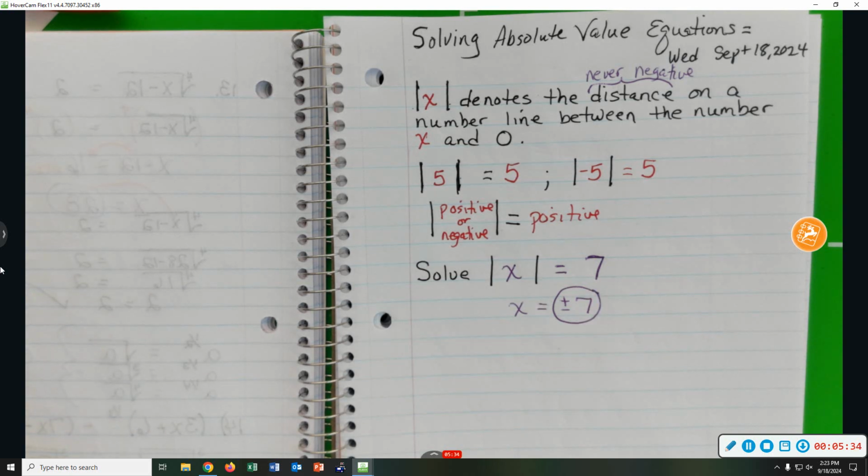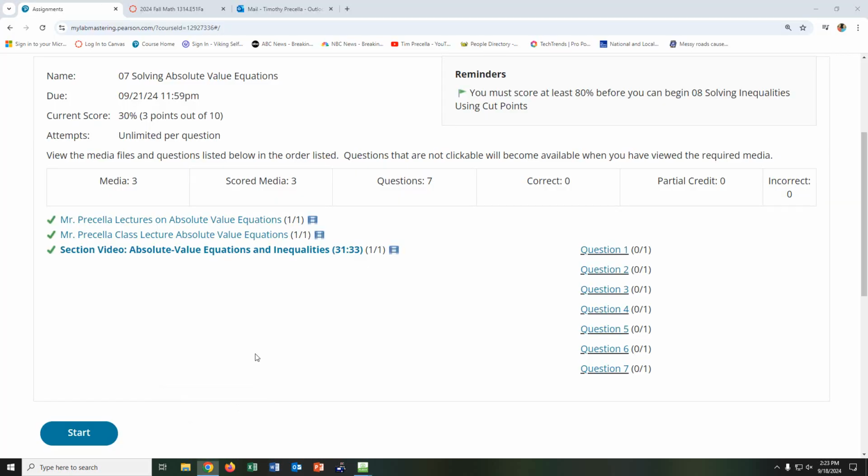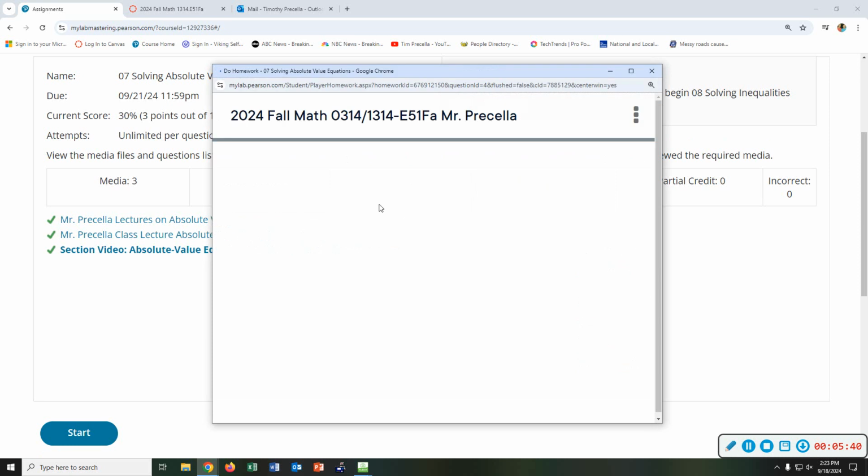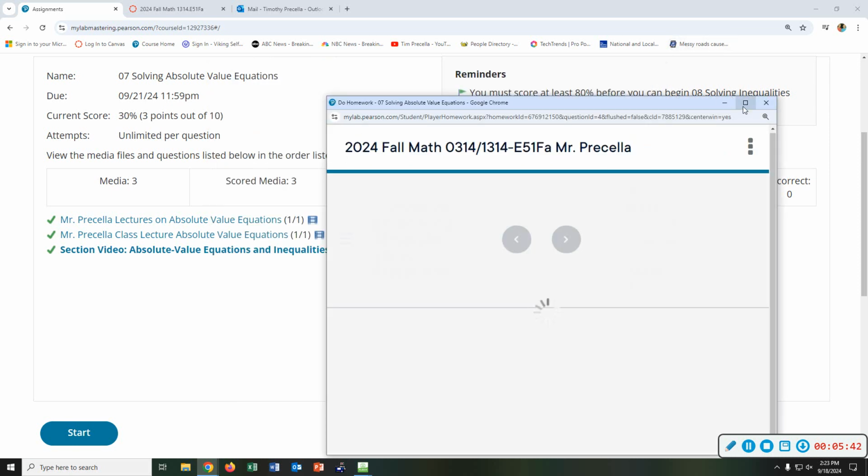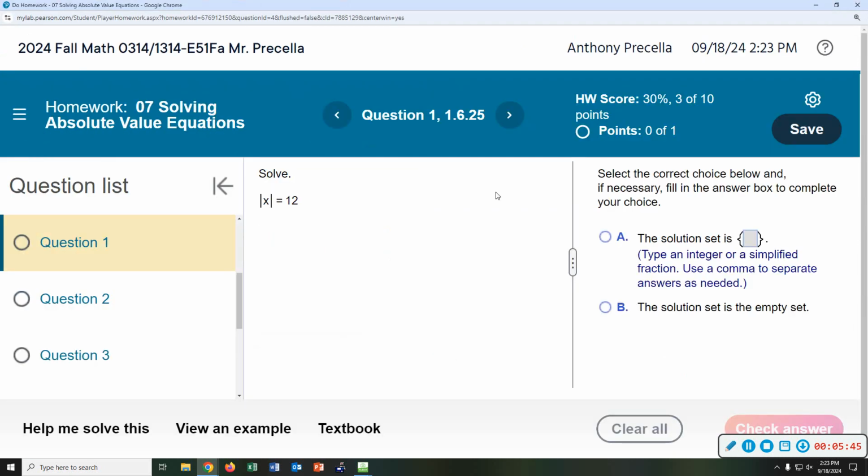Maybe it's time to do one of the problems. Let's do the first one. Here's problem number 1. The absolute value of x equals 12.